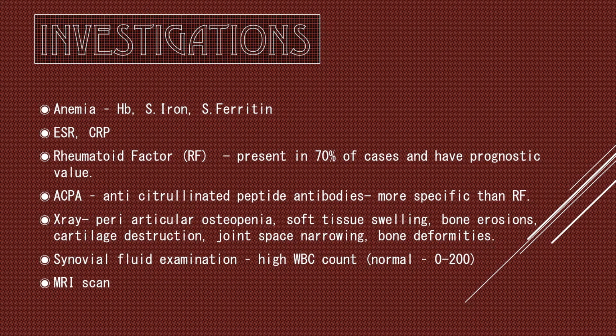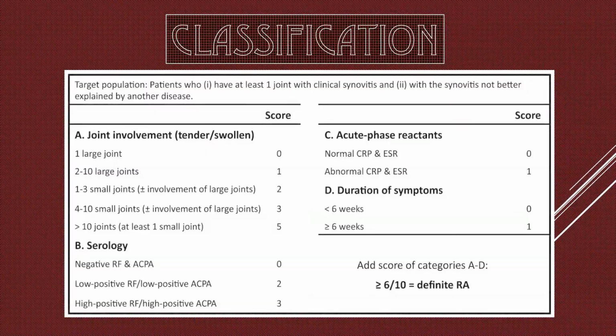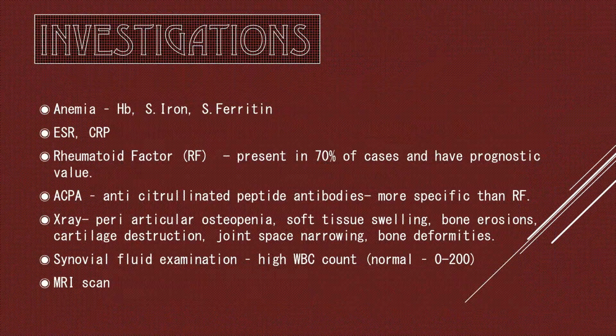Second is ACPA, anti-citrullinated peptide antibodies, which are more specific than RF to diagnose RA. But ultimately RA is diagnosed based on the criteria, on the scoring of this criteria.